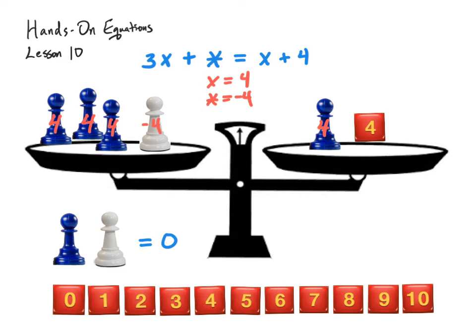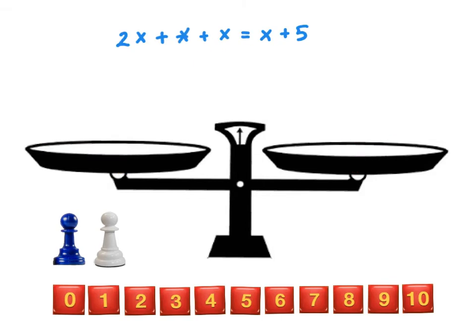So now we're going to check our total values. We have 4, 8, 12, minus 4 brings us back to 8. And on the right-hand side, we have 4 plus 4, which is 8. So our check, 8 equals 8, confirms that the equation is true for values of x equals 4 and star equals -4.